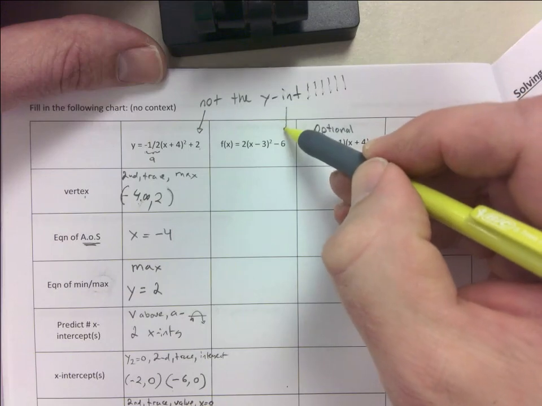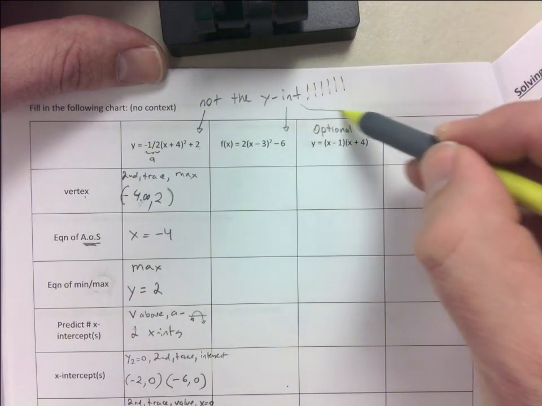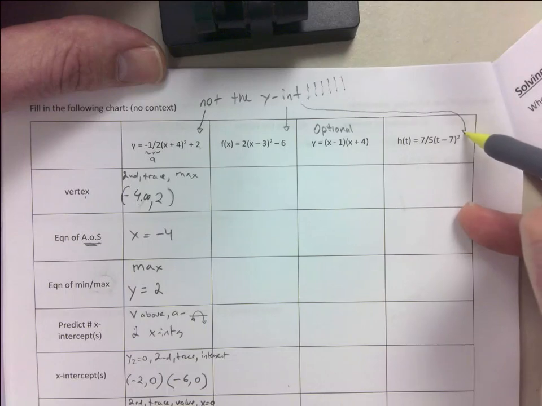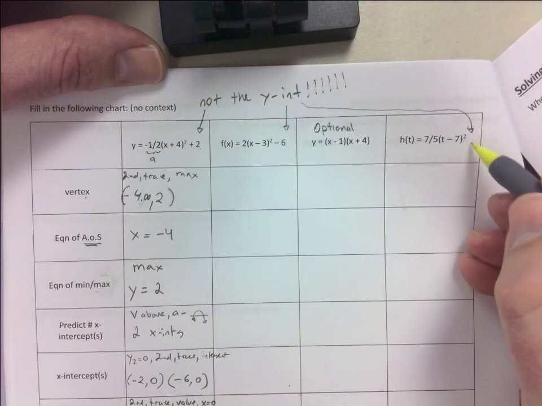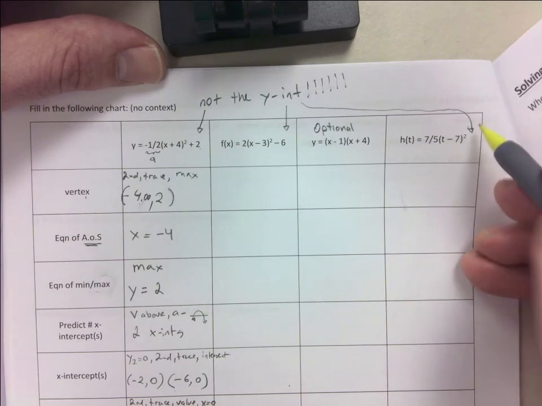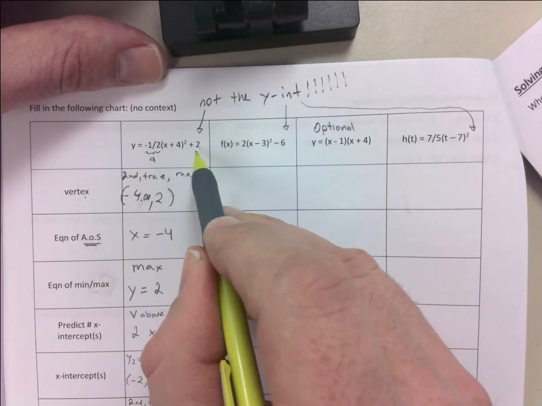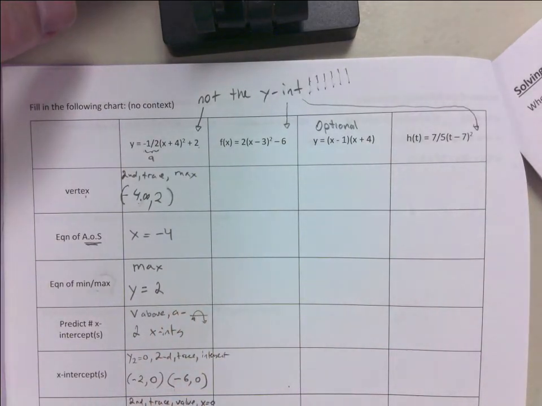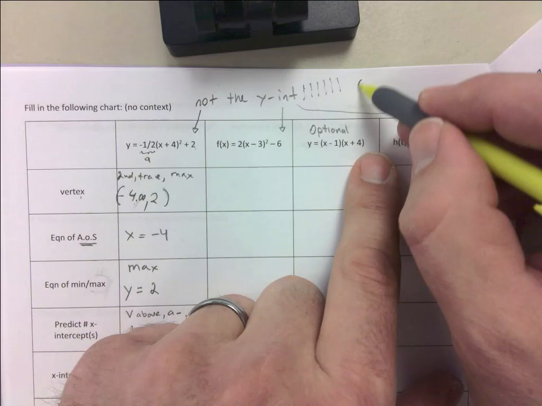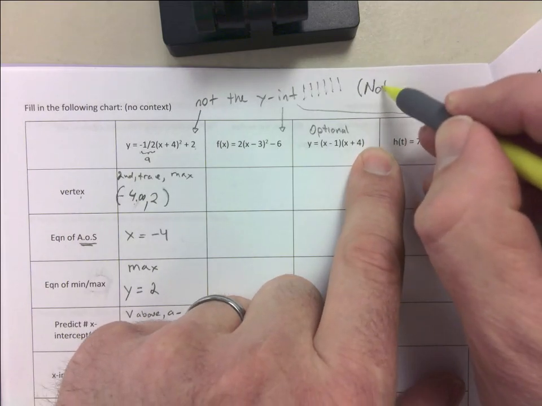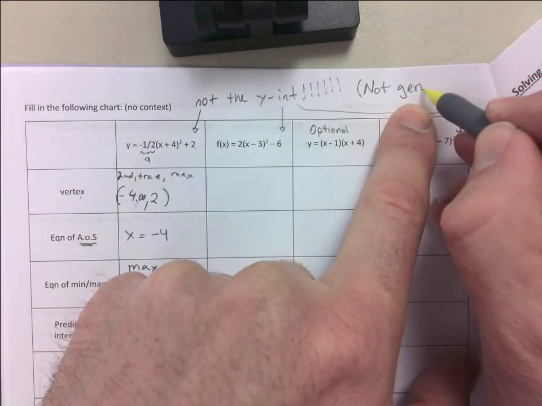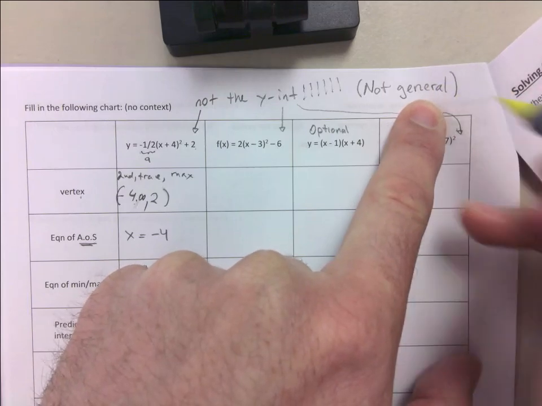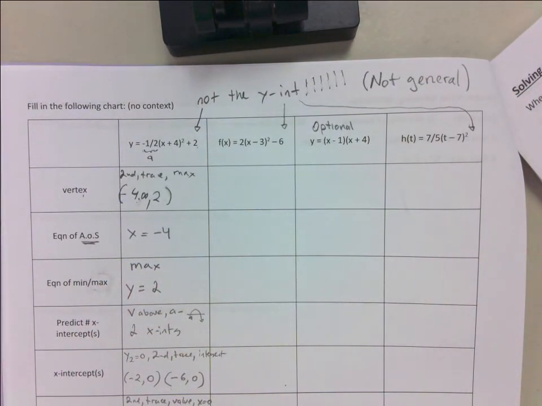So these are all not. This one doesn't even have anything, but it's 0, right? There's a 0 hovering around here. But these are not the y-intercepts because it's not in general form. I will add that to the notes. Not general. That's all I'm going to say. I think that should tell you enough. Okay?